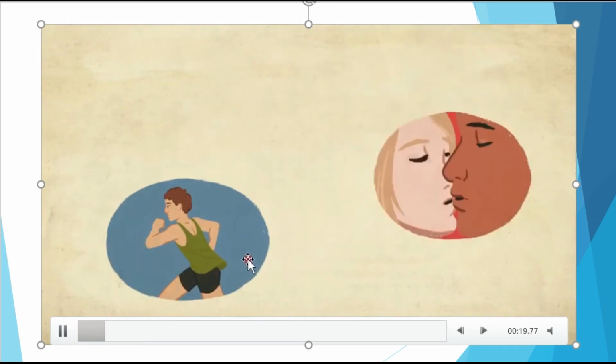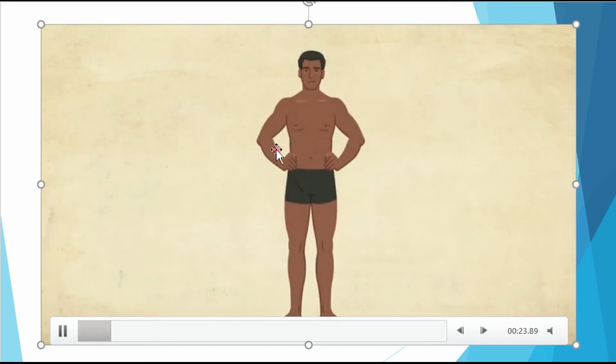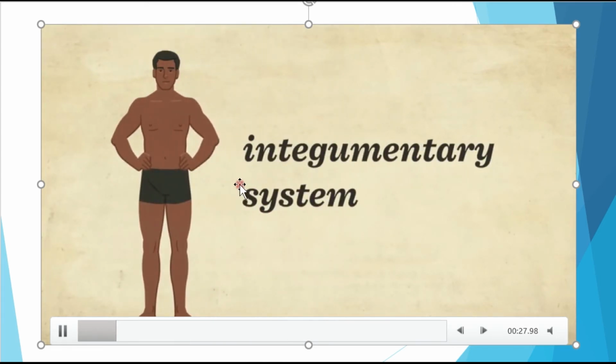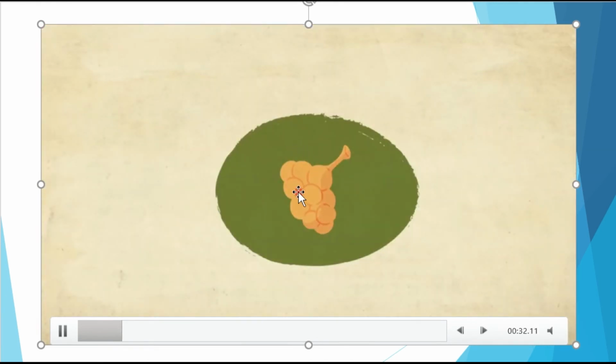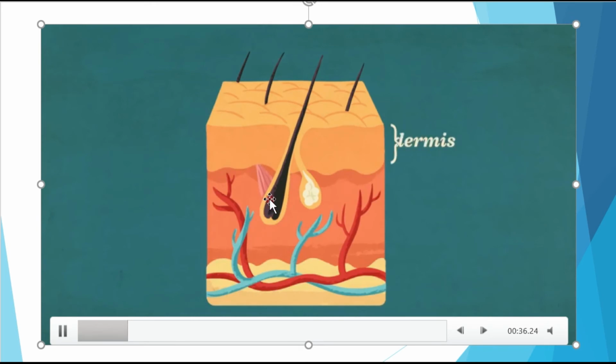The skin performs various functions, and we saw several functions. Along with its derivatives, it forms the integumentary system. Hair, nails, sebaceous glands, nerve corpuscles, all these are found in the skin.